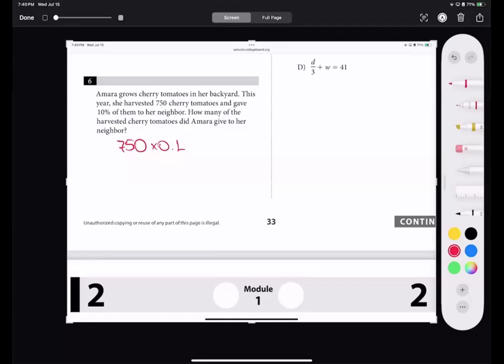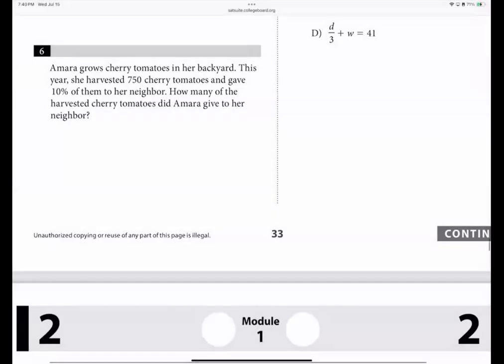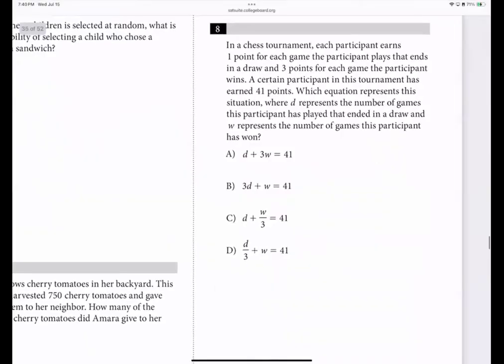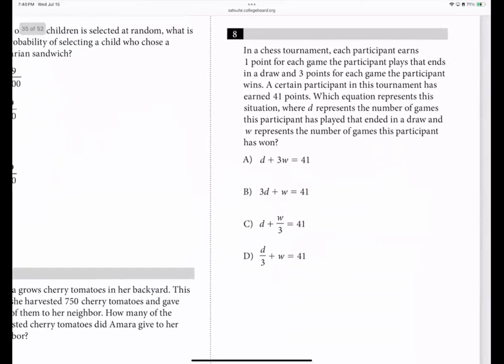How many of the harvested tomatoes did Amara give away? 75. Okay, super easy. Many ways to do that. This was 6. Yes. Next one.